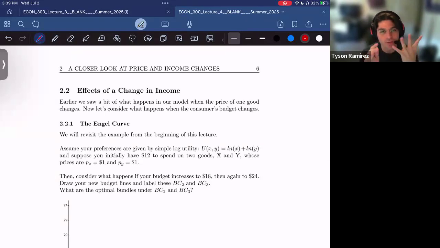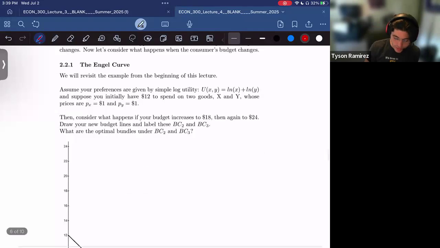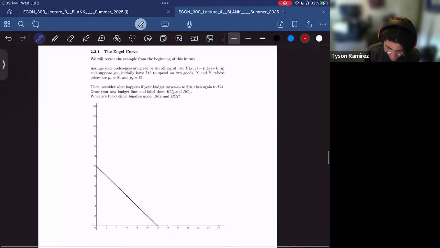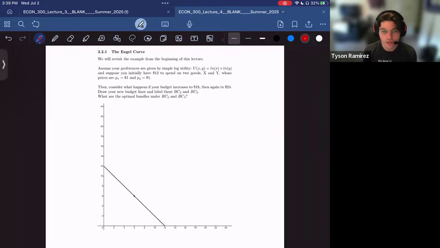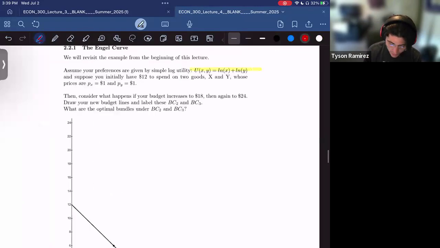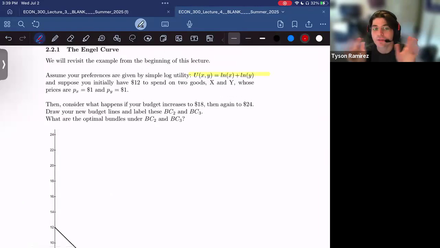So now of the same four things, what if we leave the prices the same, preferences the same, and the only one thing we change is our income now? What happens? Let's consider this. We're going to pretend we have the same utility as earlier, and now just leave the prices the same.